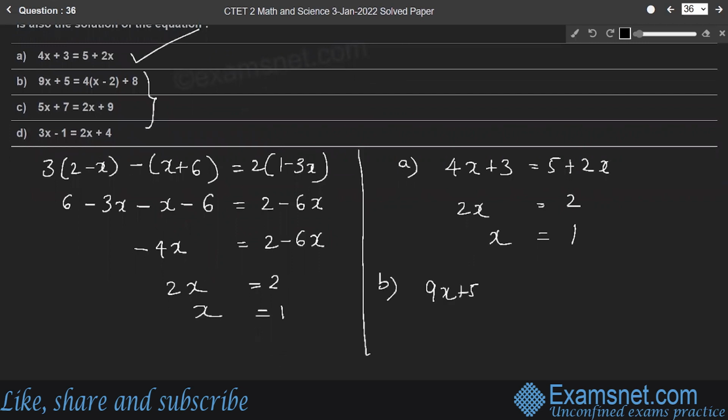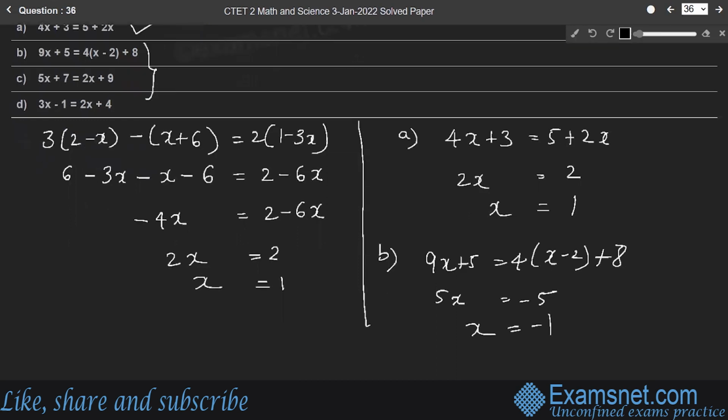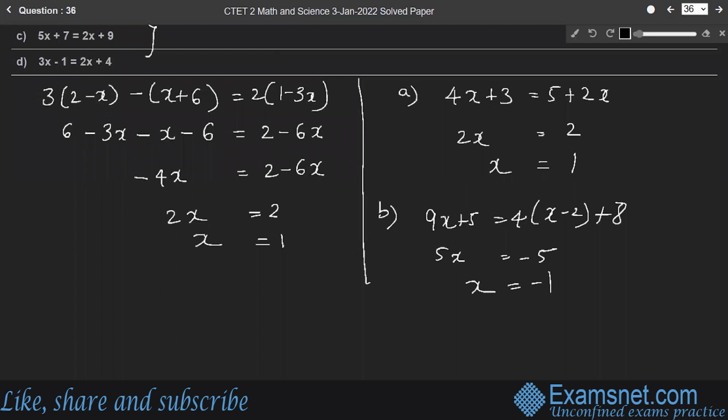9x plus 5 is equal to 4 into (x minus 2) plus 8. So 9x minus 4x is 5x is equal to minus 8 plus 8 will get cancelled. Yes, this 5 becomes minus 5, x becomes minus 1 here. So this is not the solution of the given equation.